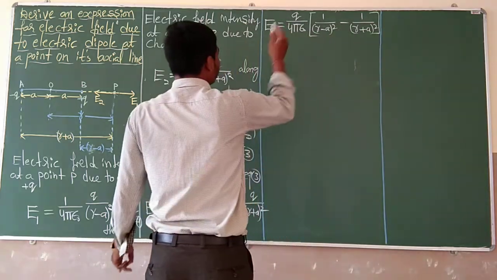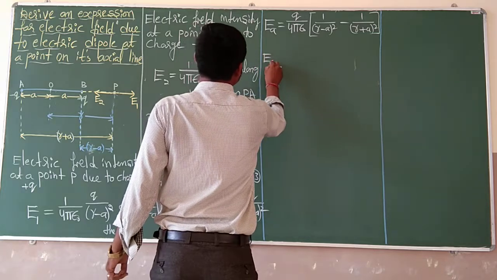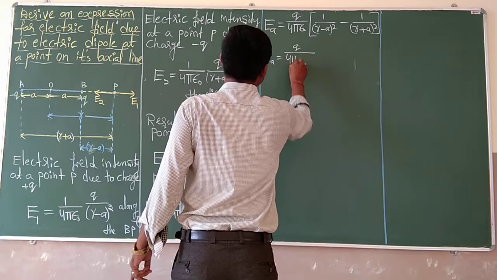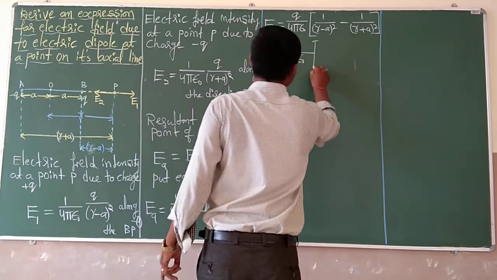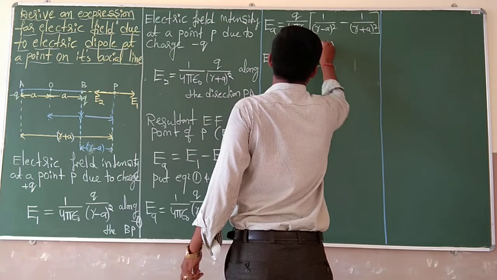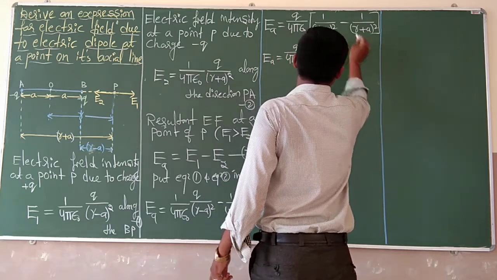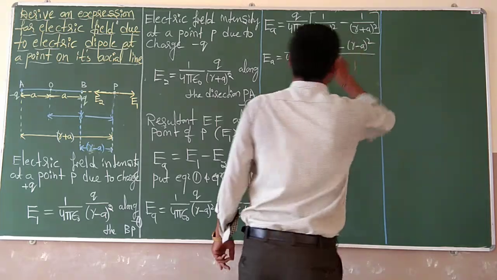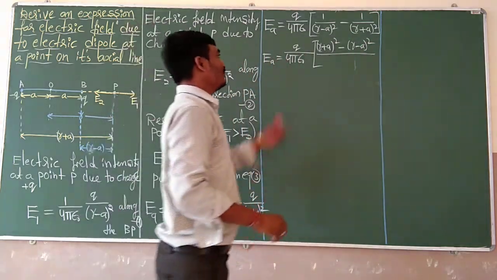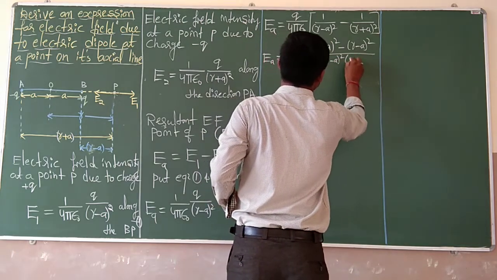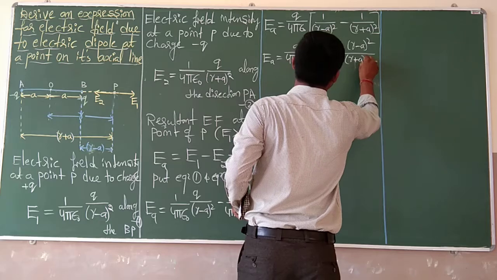Okay, here cross multiply, that is EA is equal to Q divided by 4 pi epsilon naught, and in the denominator (r minus a) whole square into (r plus a) whole square.